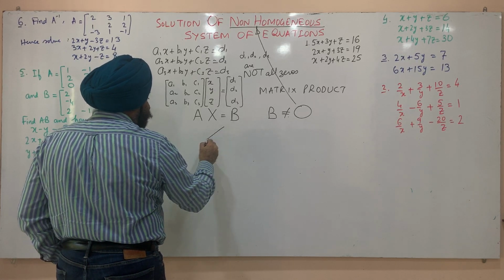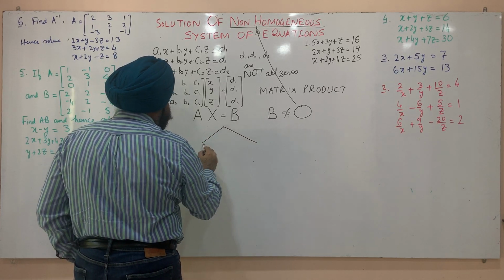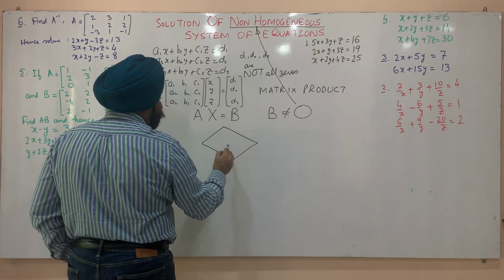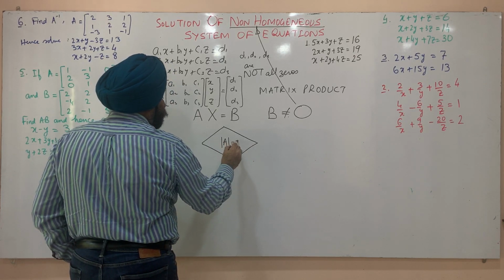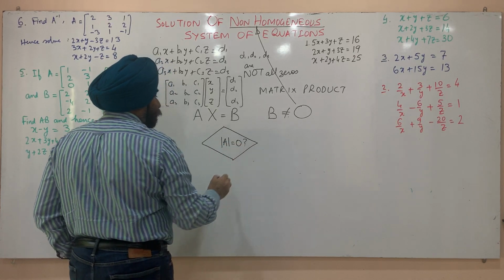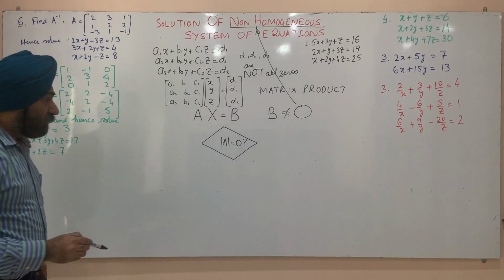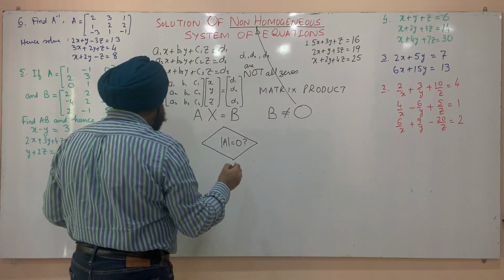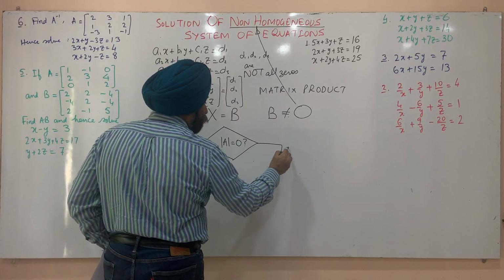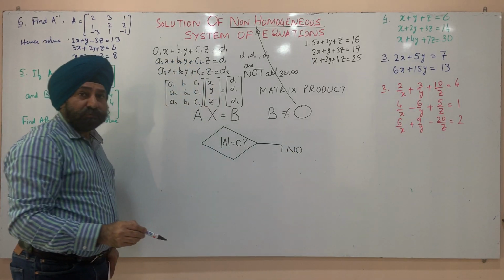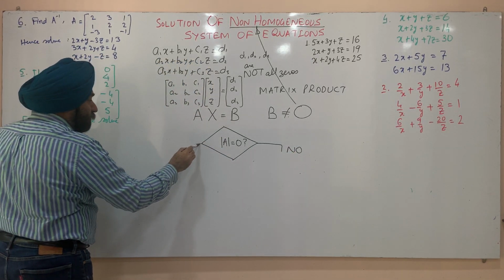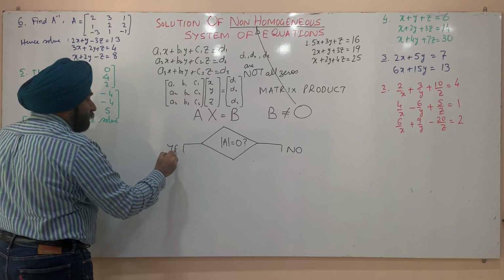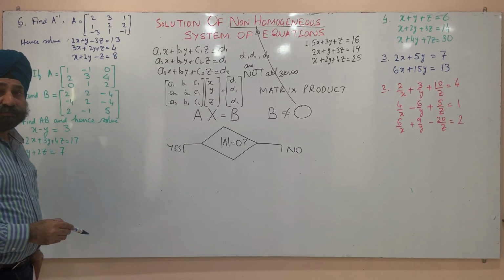We find out the determinant of A and check if it's 0. The answer could be no, that it's not 0, or yes, that is, determinant of A is 0.